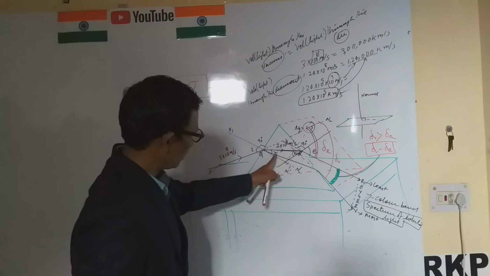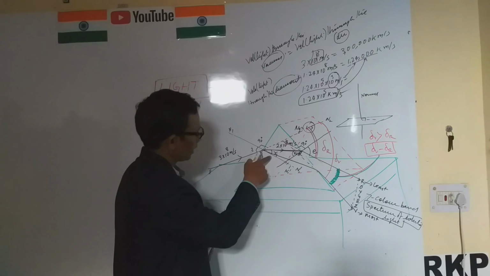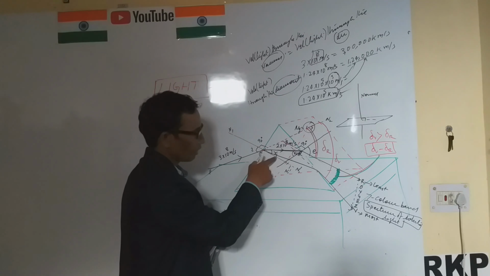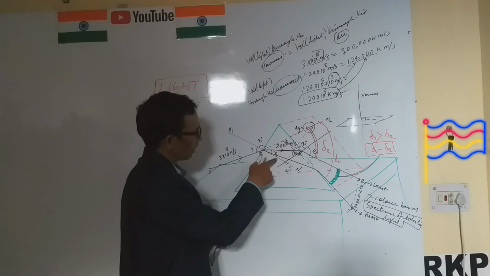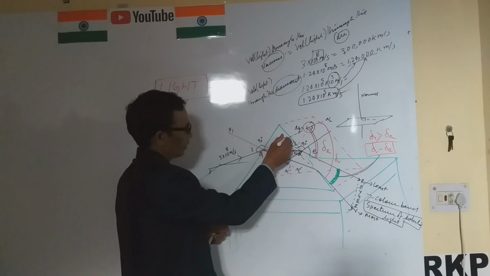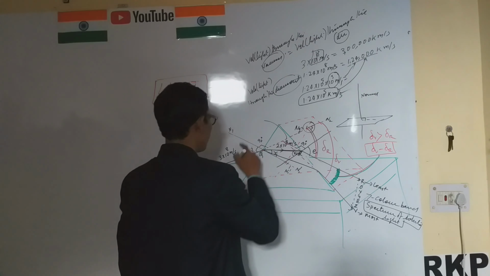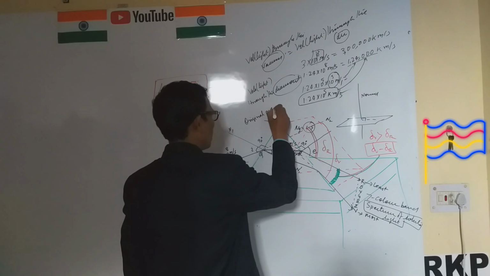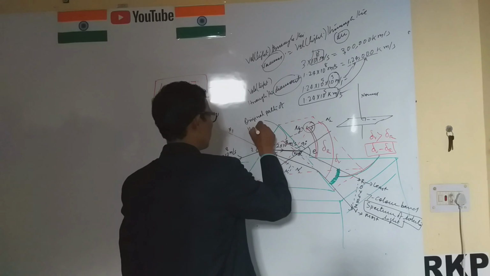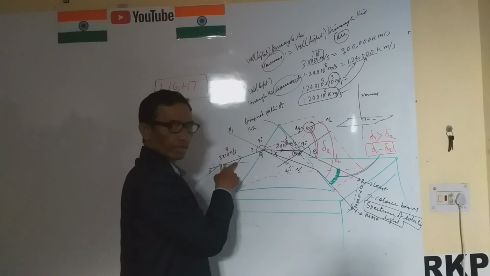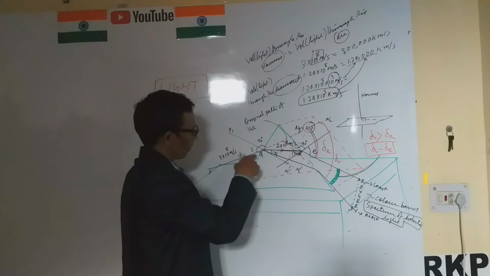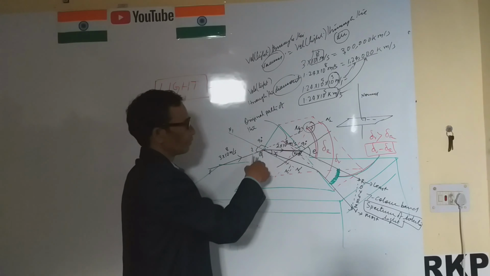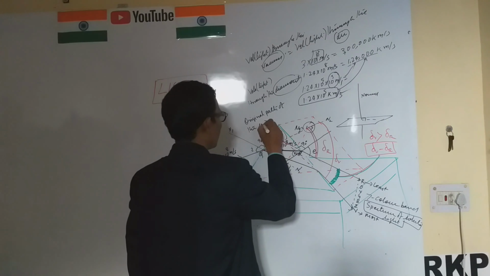Here you know that this is the normal, and this is the original path of the incident ray when the light is incident on the first surface.